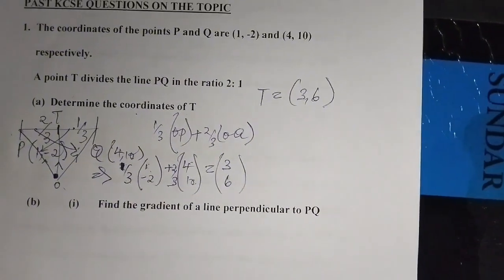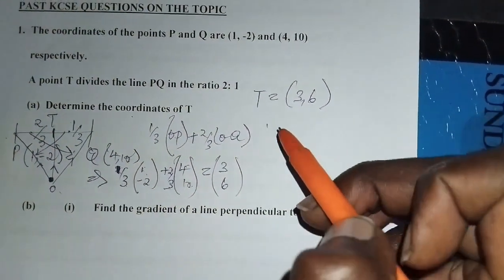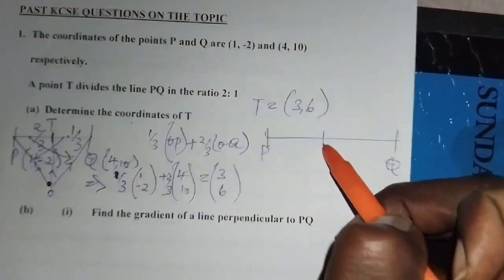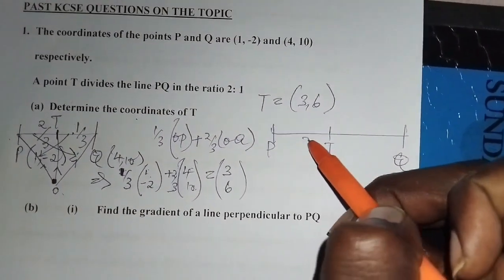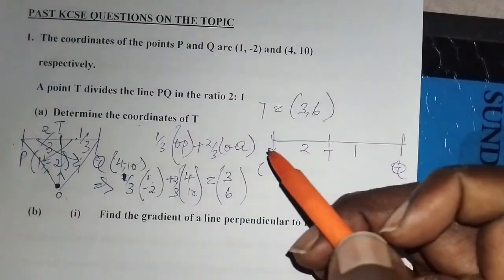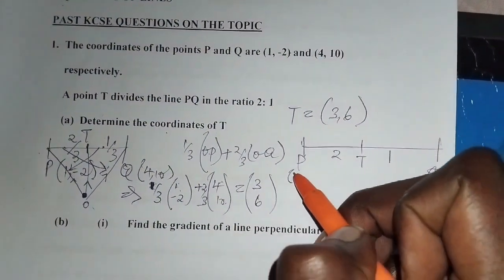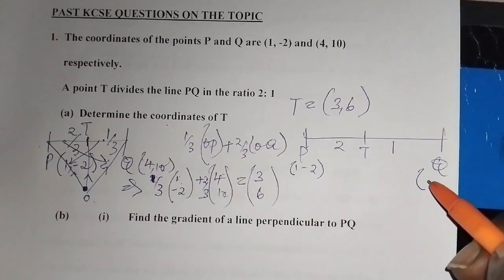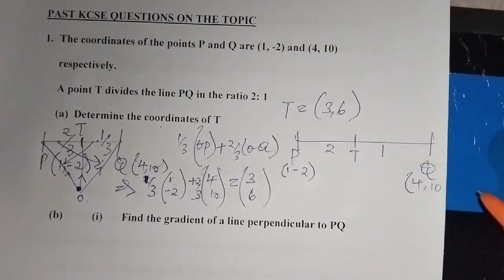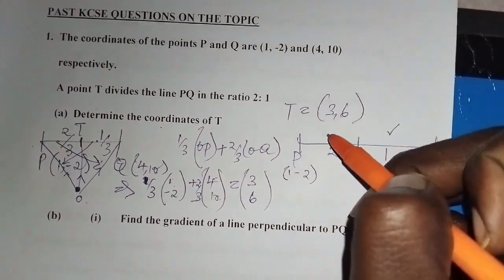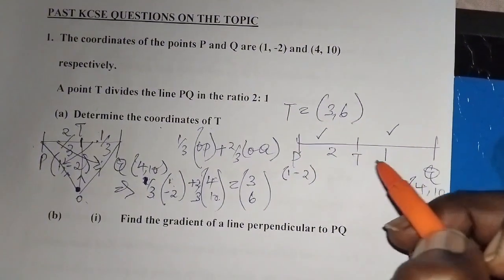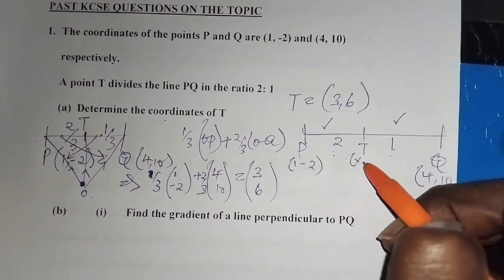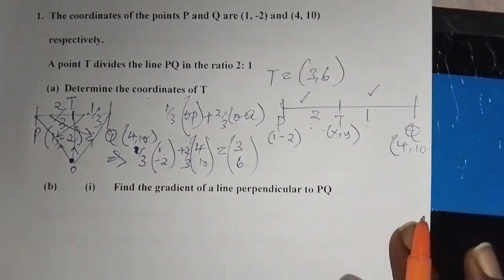You can also use another method whereby you have point P and Q, then you have this T. The ratio is 2:1. Our point P is (1, -2). Then Q is (4, 10). It means when you take this distance divide by this distance, you shall get a half, 1 divided by 2. So let's say here we have the coordinates (x, y).